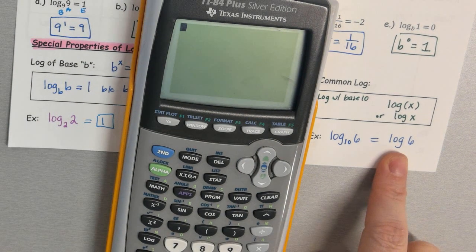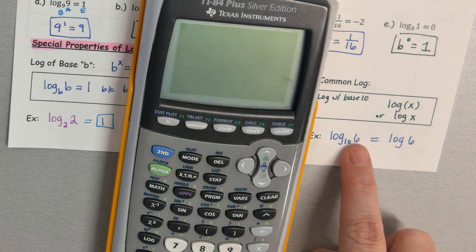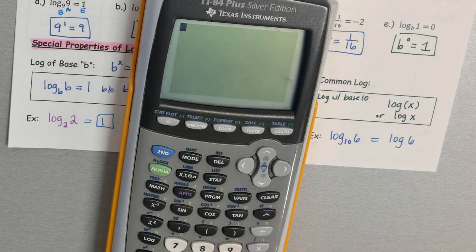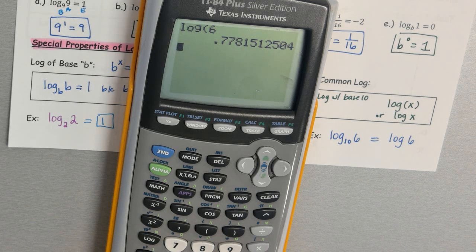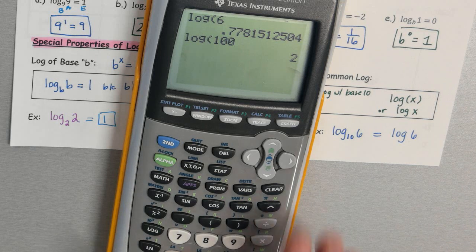But I do want you to know that sometimes you have a decimal, because if you think of this as an exponent, like 10 to the x equals 6, there's no nice number that would make that work, so sometimes your logs are going to be decimals. Can you think of a number that you could take log base 10 of that would turn out really nicely? 100. Do you know what the log of 100 would be? 2. Yeah, that's great.